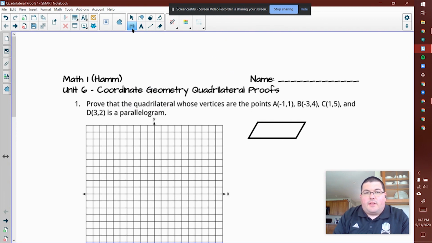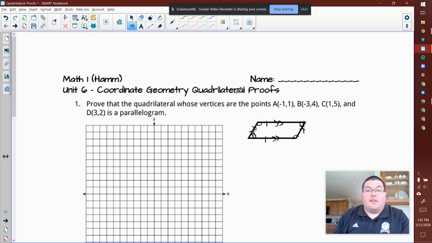When you have a parallelogram, not only do we know that the opposite sides are parallel to one another, we also know that the opposite sides are congruent to one another. We know that opposite angles are congruent as well. So here are all of the different characteristics that we can utilize about a parallelogram.